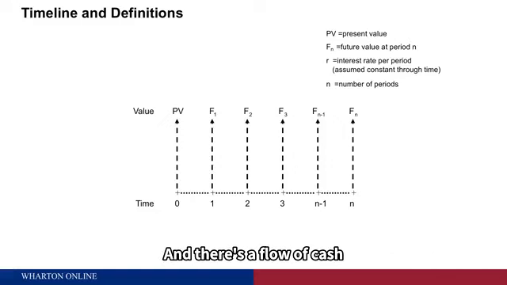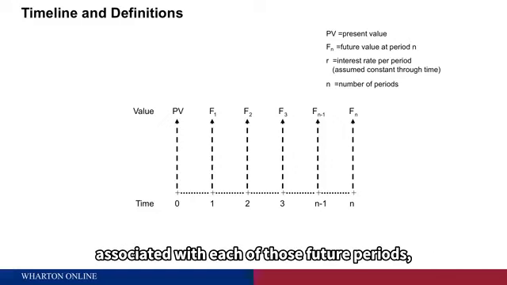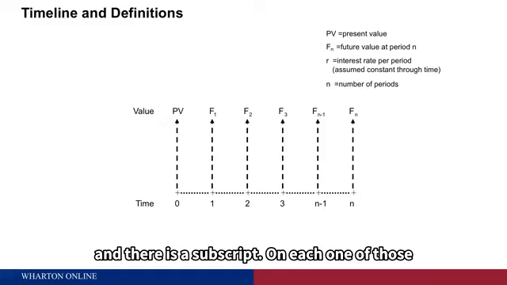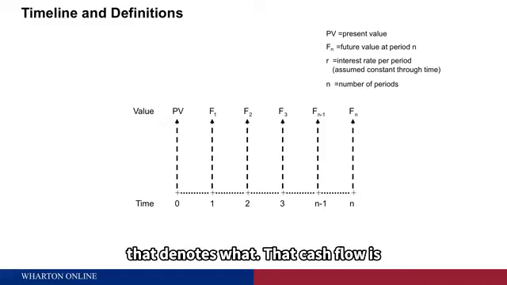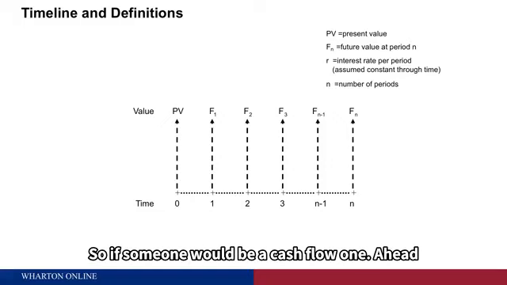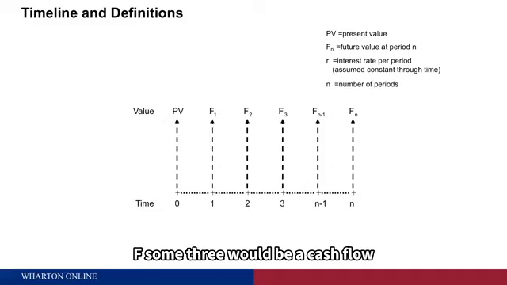There's a flow of cash associated with each of those future periods, denoted by the letter F. There's a subscript on each one that denotes what period that cash flow is either going to be paid or received. So F sub 1 would be a cash flow 1 period ahead. F sub 3 would be a cash flow 3 periods ahead. And F sub n would be a cash flow that's n periods ahead.